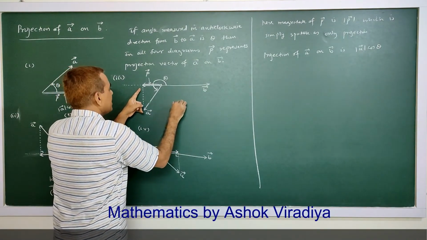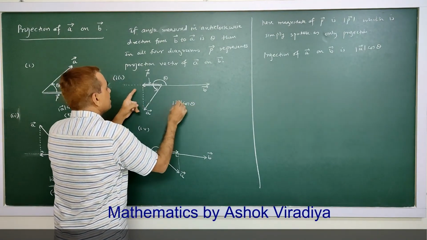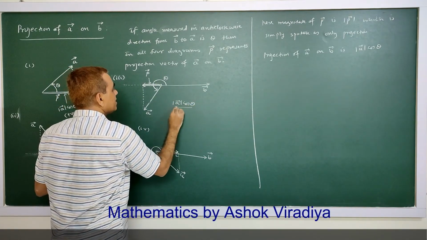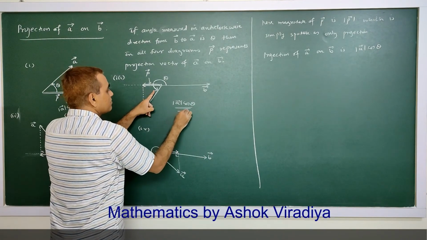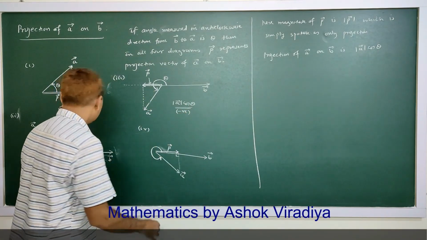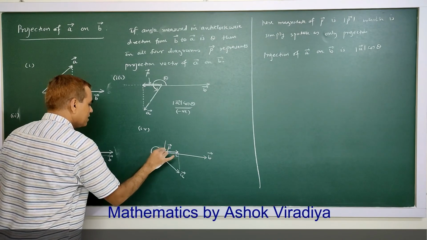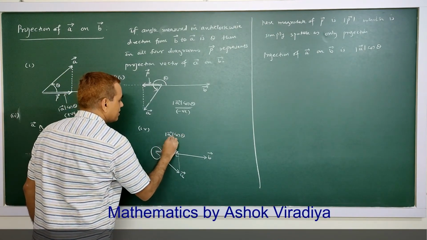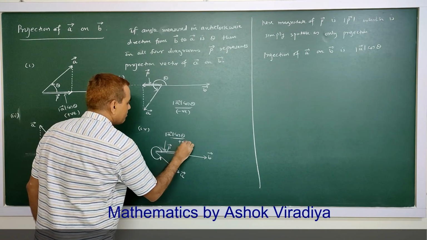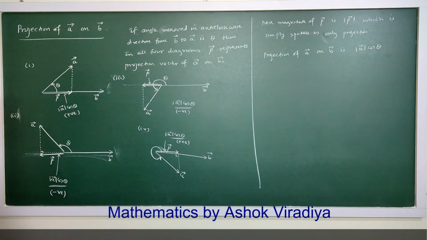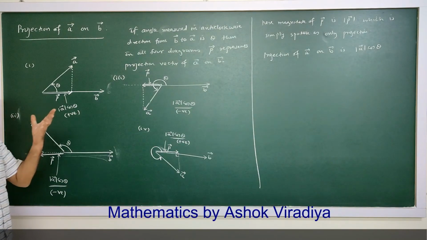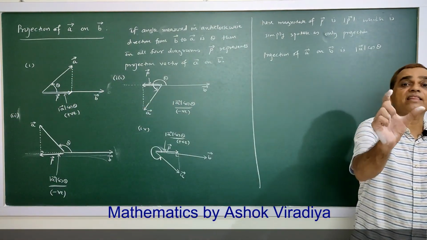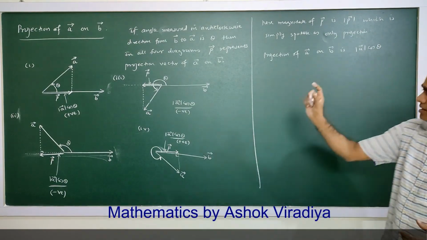Magnitude A cos theta, in this case it will be negative, and here magnitude A cos theta will be a positive value. So this number represents length.